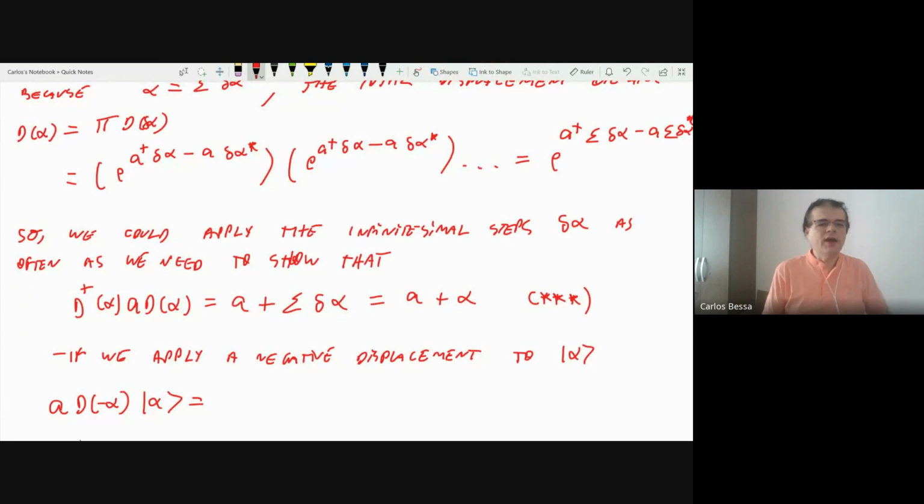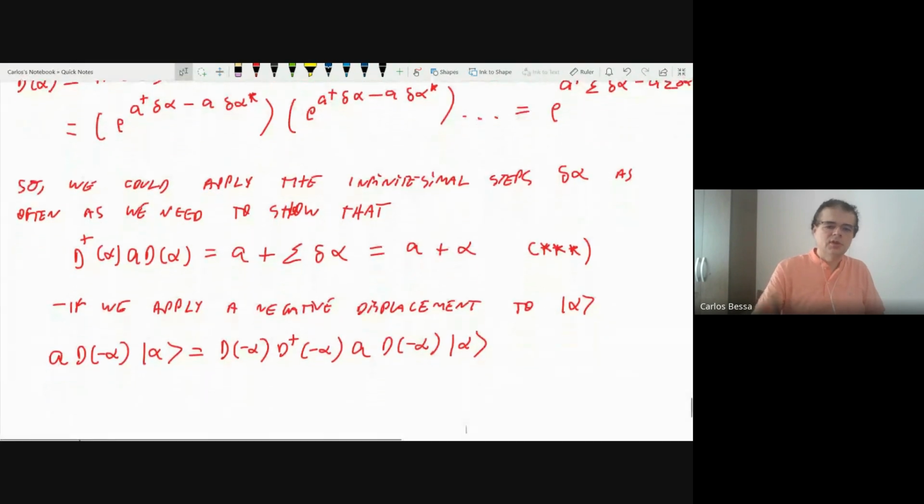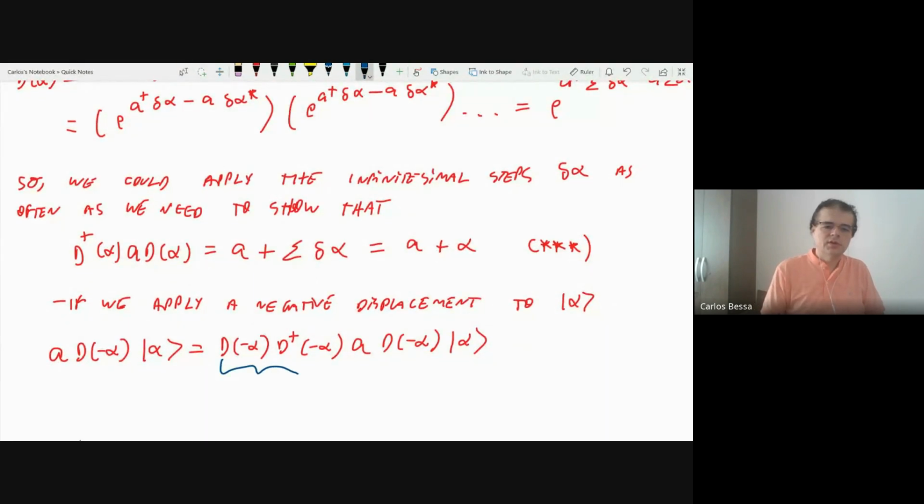So I can use the fact that D dagger D is equal to the identity operator. So D of minus alpha, D dagger of minus alpha, we can check that it is easy to see that this is the identity, right? So this is homework.